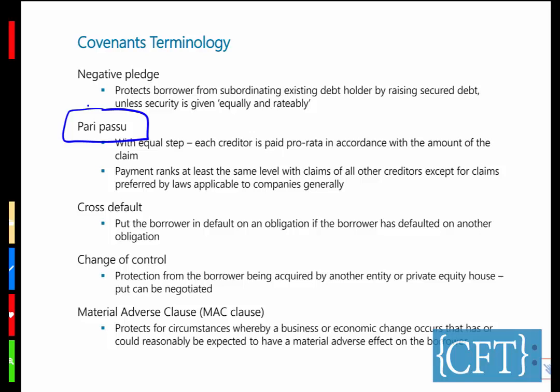Cross default we've already mentioned, and change of control is another very common covenant, and that's saying if the company is taken over, then at that point you can demand your money back. Two reasons you might have a change of control covenant on a bond. Firstly, from the issuer's point of view, they may put a change of control in to reduce the chance that someone tries to take them over.